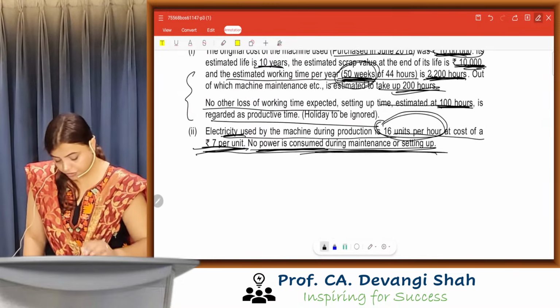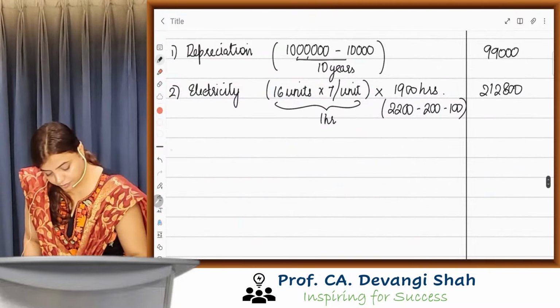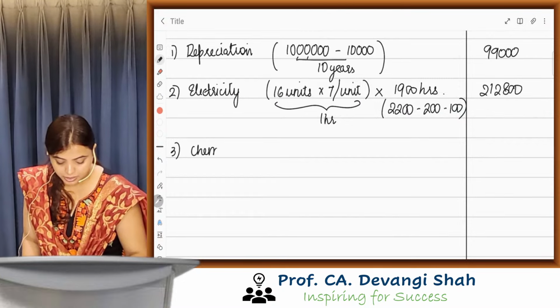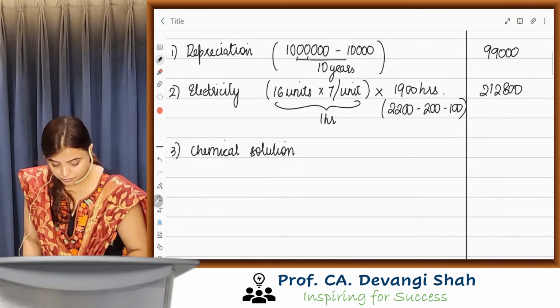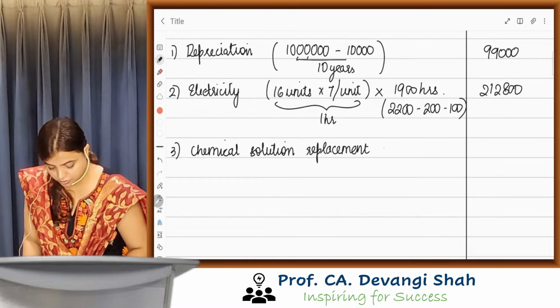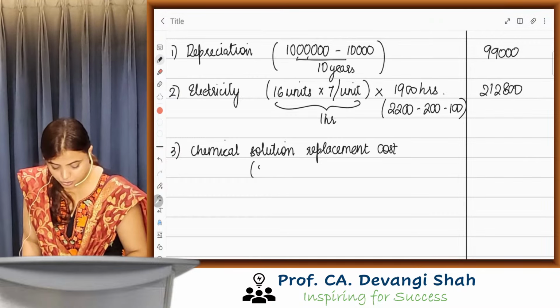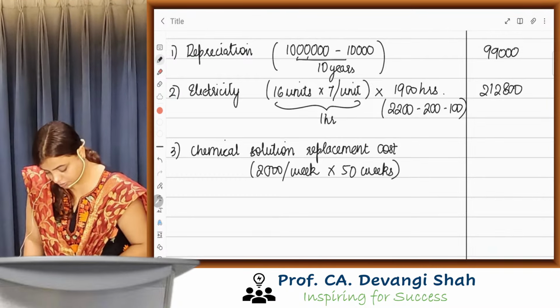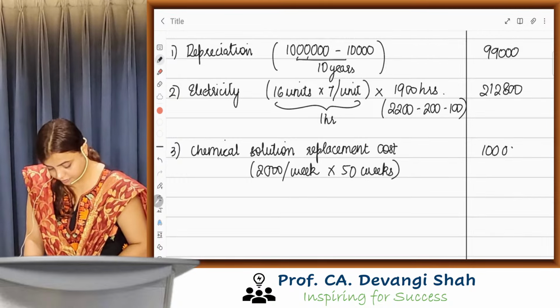Correct? 50 weeks, and every week 2000 of expense. So the chemical solution replacement cost is 2000 every week, multiplied by 50 weeks, 1 lakh rupees.